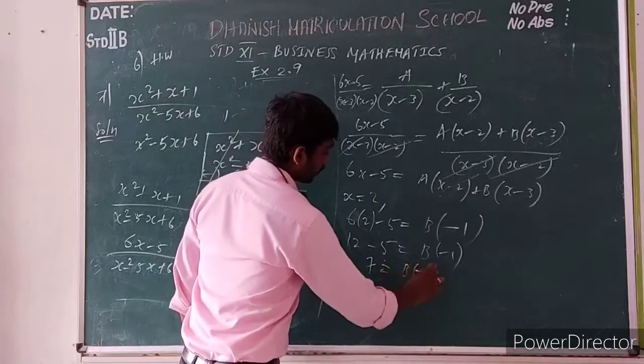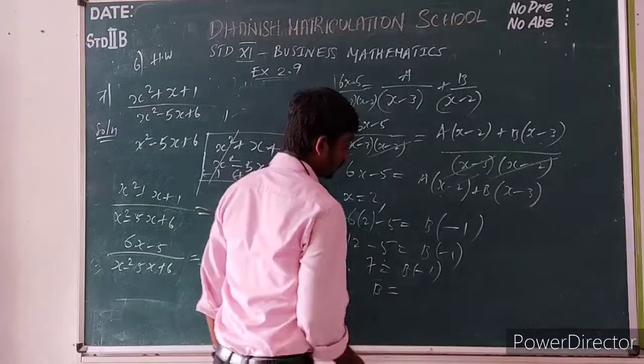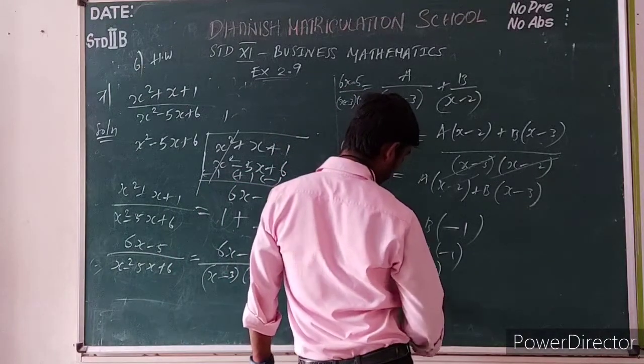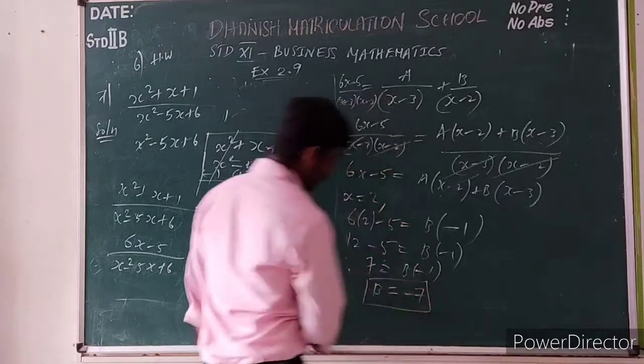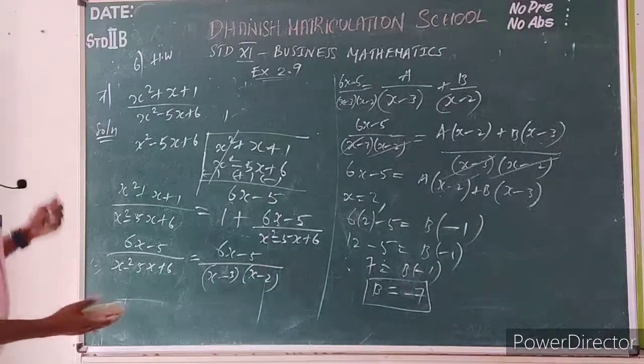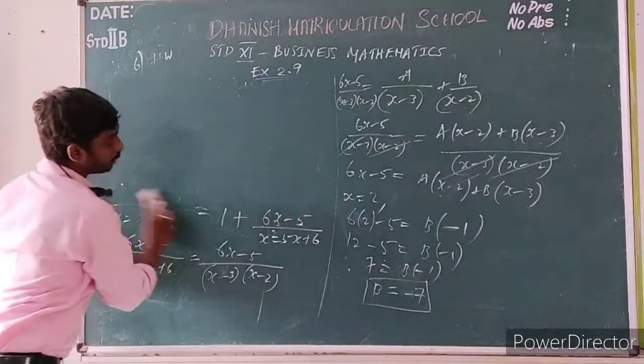What is the b value? 7 divided by minus 1, so minus 7 is the answer for b. The value of b is minus 7.